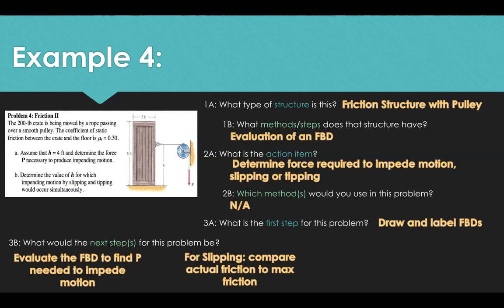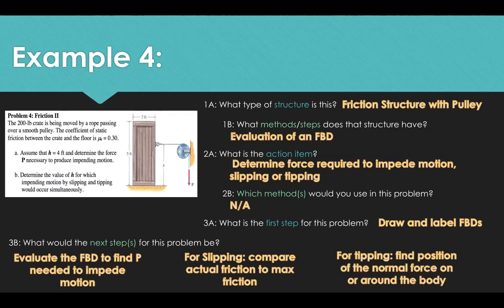So technically in this case, you would solve for the maximum friction, find F max, and then assume that the F in your free body diagram is F max, because that assumes the force would cause the slipping. And then from there, solve for P, assuming that F max is the friction on your free body diagram.